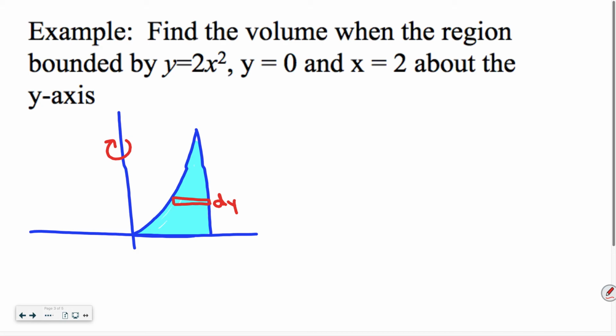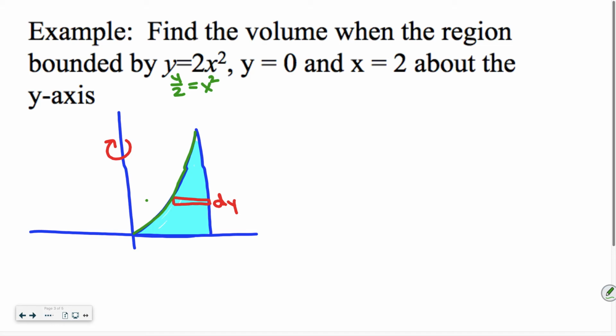So one thing that we probably should do before we move to writing the integral, this equation right here that I'm highlighting in green, we don't want that to be y equals 2x squared. Okay? Because we need it to be in terms of y. So if we solve for x, we would have y over 2 equals x squared, right?